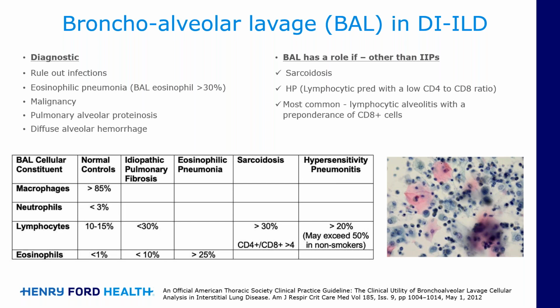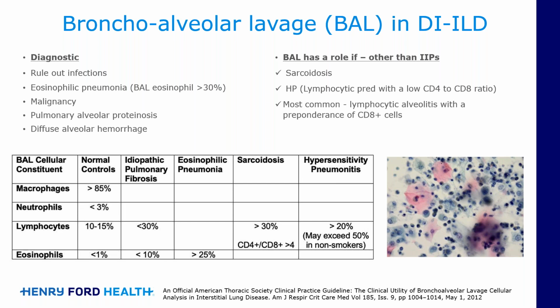BAL can have some role outside of these diseases that are absolutely diagnostic, in that it can give us certain indicators for sarcoidosis and for HP as a manifestation of drug-induced ILD. Most commonly in drug-induced ILD, we see a lymphocytic alveolitis pattern, and there may be a preponderance of CD8 cells.